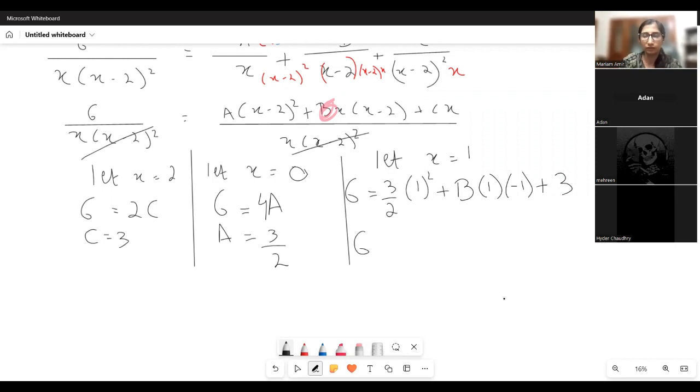So we have 6 equals 3 upon 2 minus B plus 3, sending B to the left-hand side. So we have 3 by 2 plus 3 minus 6, which is minus 3 upon 2.